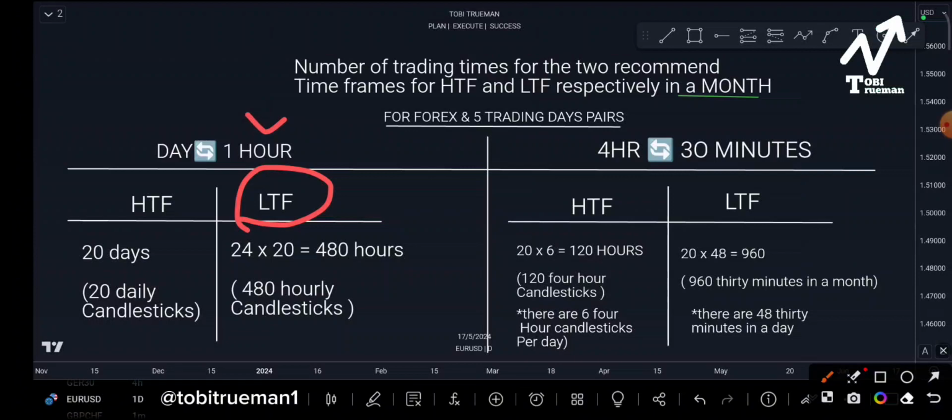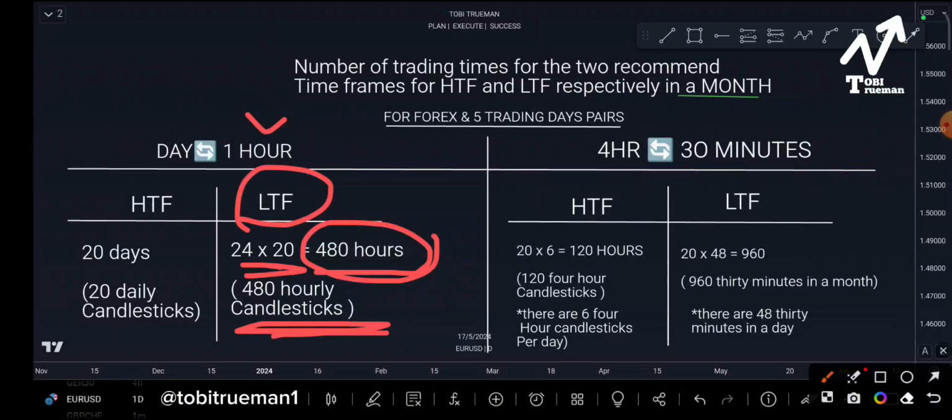So to know how many hours there are in 20 days, we just have to multiply 24 times 20, giving us 480 hours. That 480 hours is equivalent to what? 480 hourly candlesticks, when we are using the lower time frame.